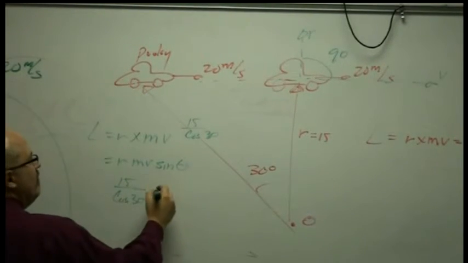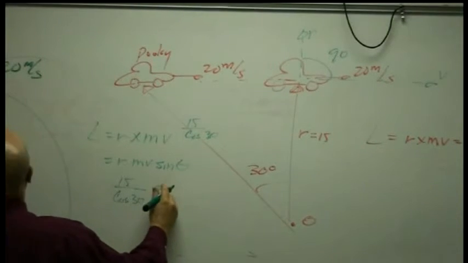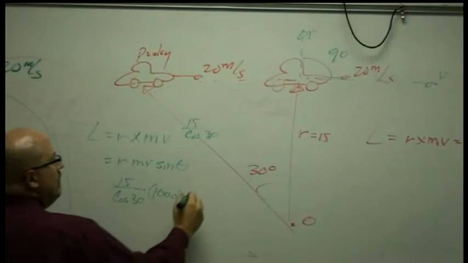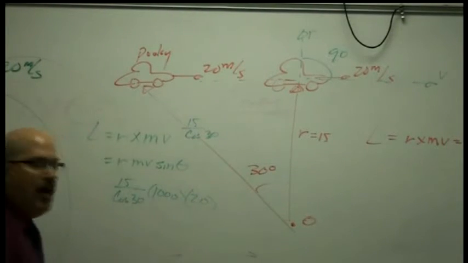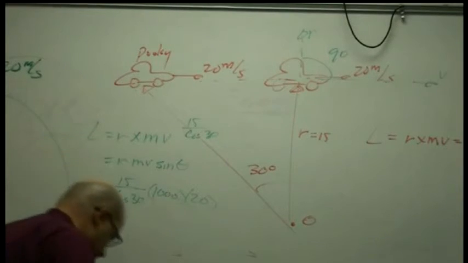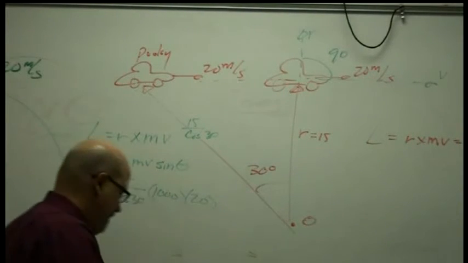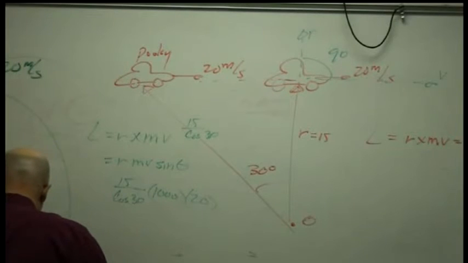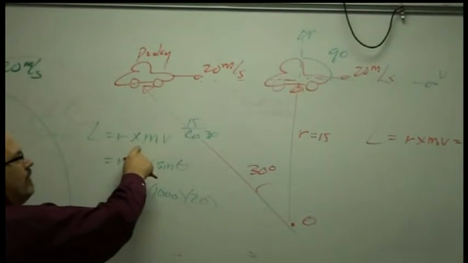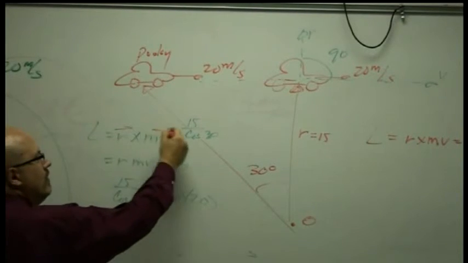The mass of Pookie stays the same, which is 1,000. The velocity of Pookie is still 20. Okay, and now what do we have for the sine? Wouldn't it still be 90? Because it's the R cross MV, this vector and that vector.